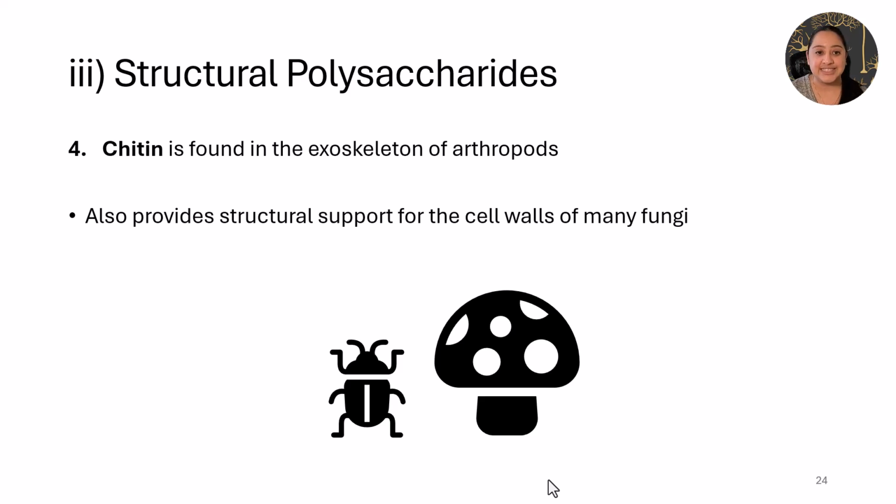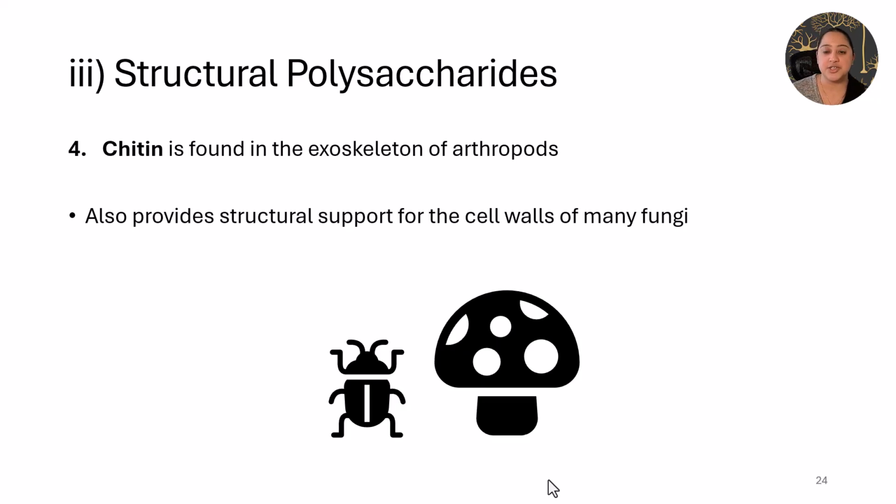So chitin is found in the exoskeleton of arthropods. For example, bugs. This is what you hear crunching when you step on a bug. It's the chitin. And then it also provides structural support for the cell walls of fungi.